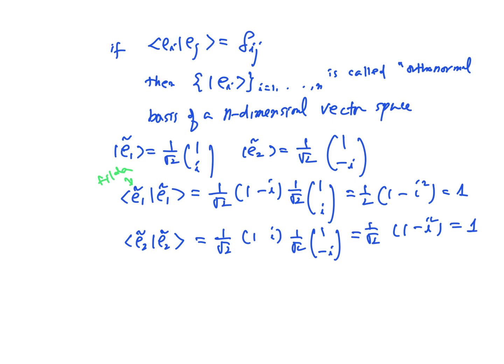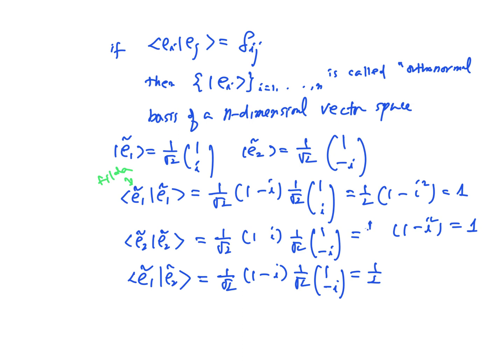How about E1 tilde, E2 tilde? It is 1 over 2 times (1 minus I squared plus I squared), which is equal to 0. E2 tilde, E1 tilde is supposed to be the complex conjugate of E1 tilde, E2 tilde, and again 0. So this E1 and E2 are also orthogonal to each other, right?